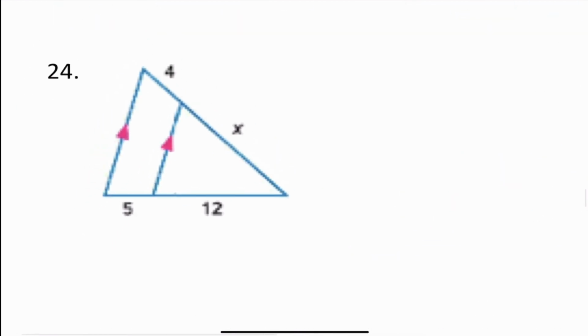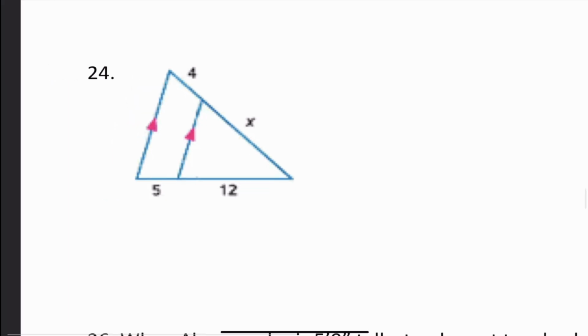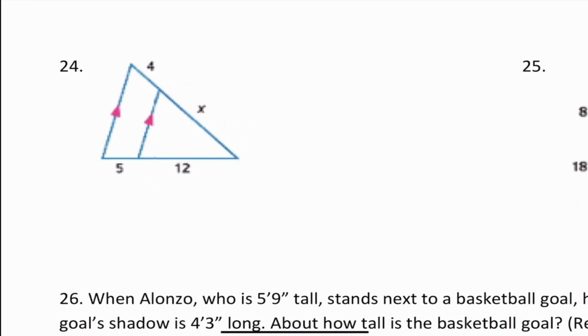For 22, we have part and part, and we have a triangle with parallel segments. We're going to use the triangle proportionality theorem where I do, again, part over part equals part over part.